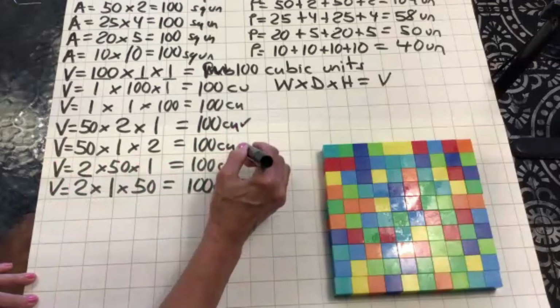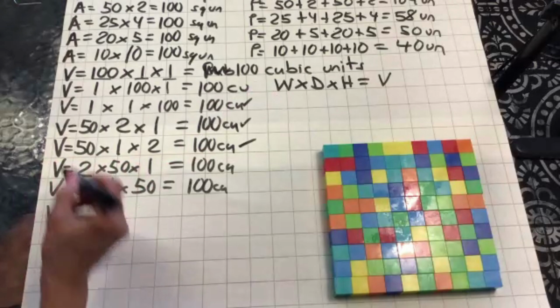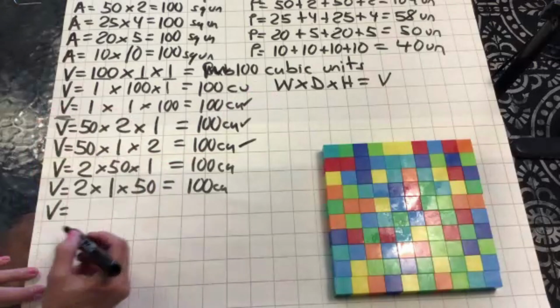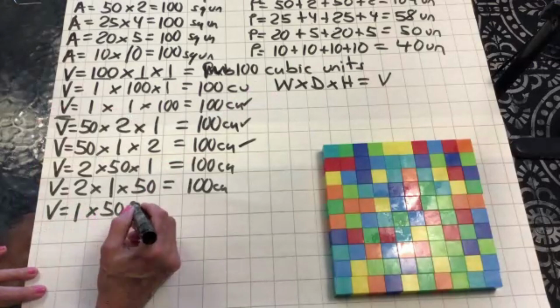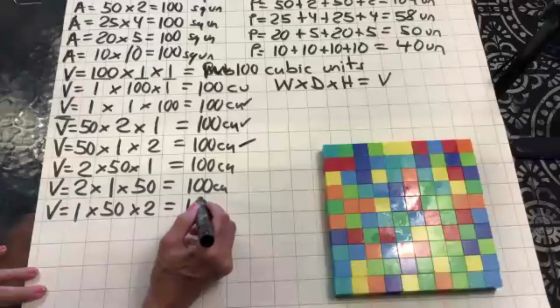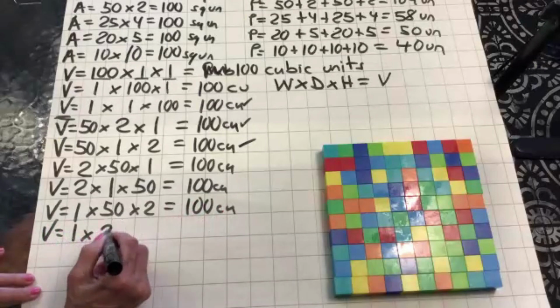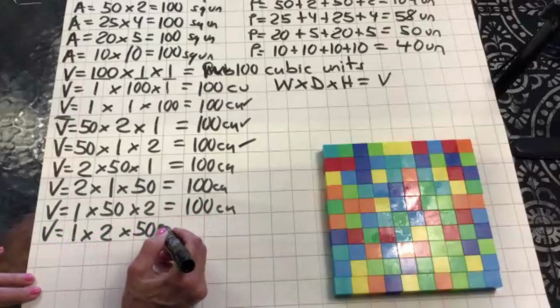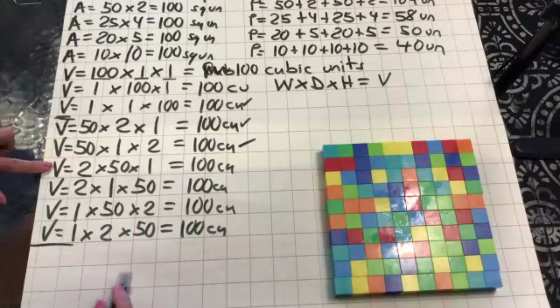So all you're doing is going like this as we get to the ones you've done. And last but not least in this one, which has got to be 6 of them, 1 wide by 50 deep by 2 tall, and 1 wide by 2 deep by 50 tall. And we're done with that. Should be 6 of them.